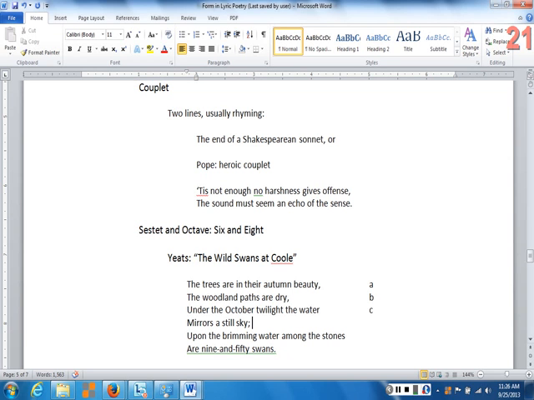So in that respect it does hearken back to beauty. Mirrors a still sky. And so that is our B rhyme. And then A, B, C, and this would be D. Stones and swans, in this case, comes very close to rhyming with stones. That is then our D rhyme.